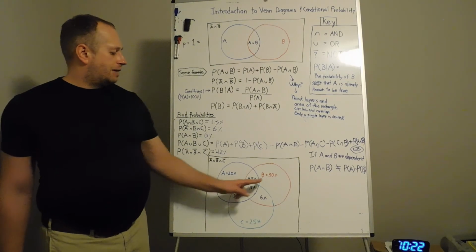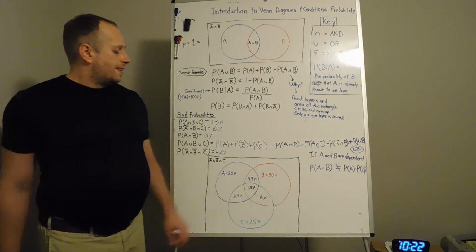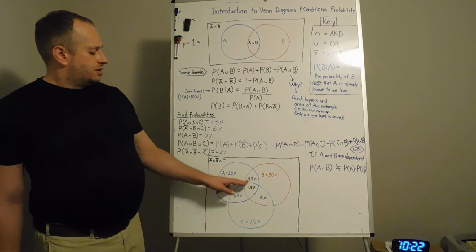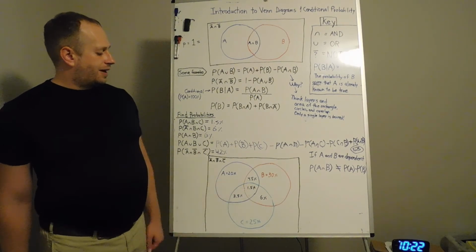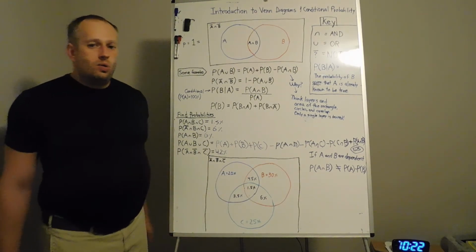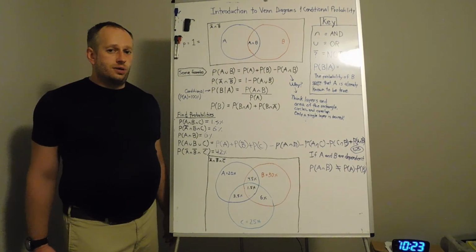So 0.2 times 0.3 is 0.06. How does that compare to 4.5 plus 1.5, this middle part? Well, that's also 6%. So we can say that A and B are independent of each other.